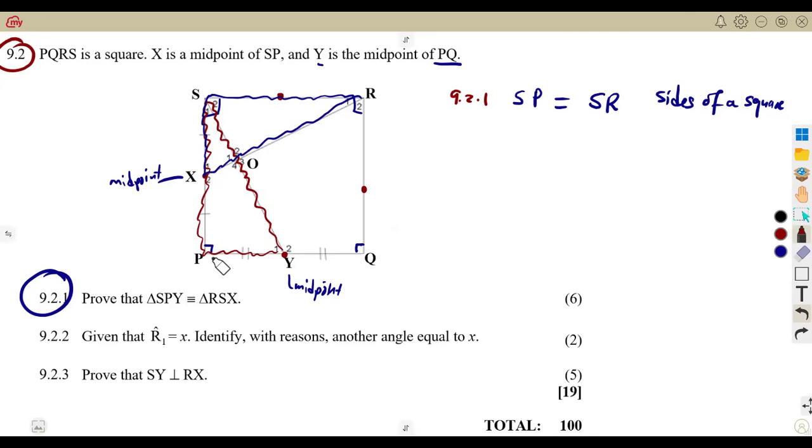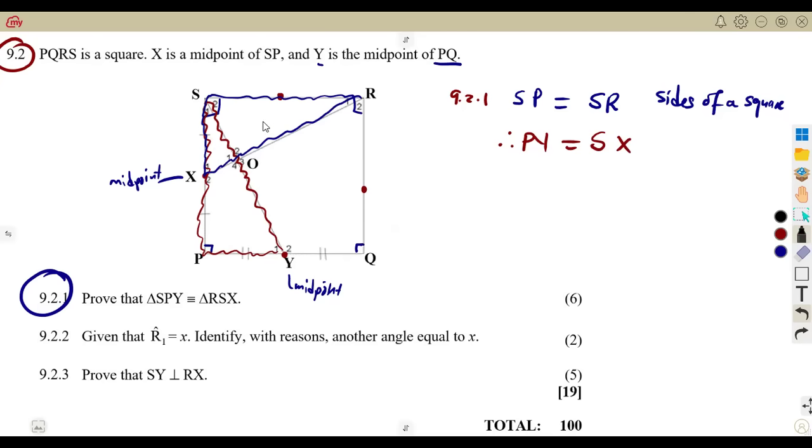If we take PY, you will see it is the same as SX. Remember the issue of the midpoint. So therefore, PY is equal to SX also. These are the sides we are referring to.